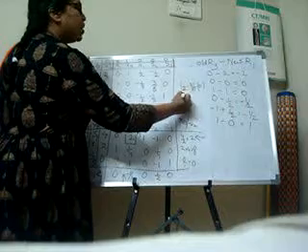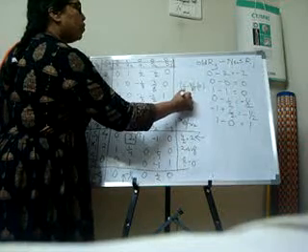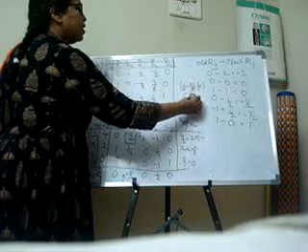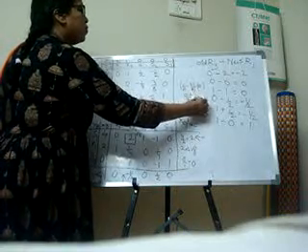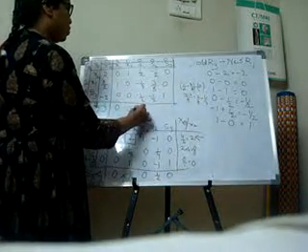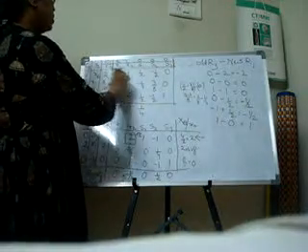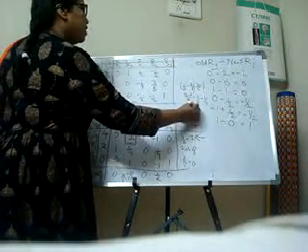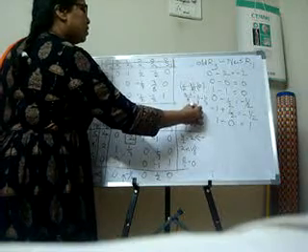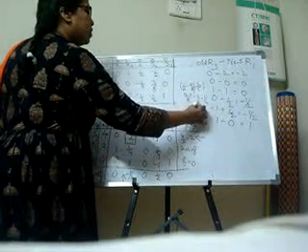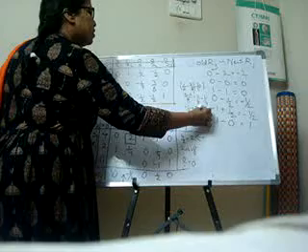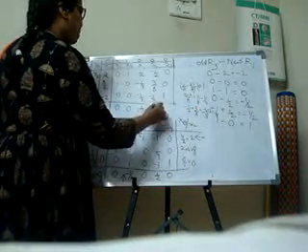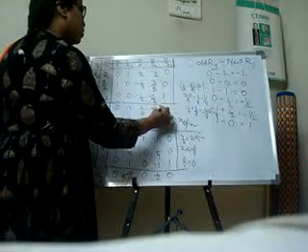So our 8 is the LCM. 4 minus 2, that is 2 by 8, 1 by 4. And next it is minus half plus 3 by 8. So this is 8 minus 4, 3 is equal to minus 1 by 8. 0, 0, 0.